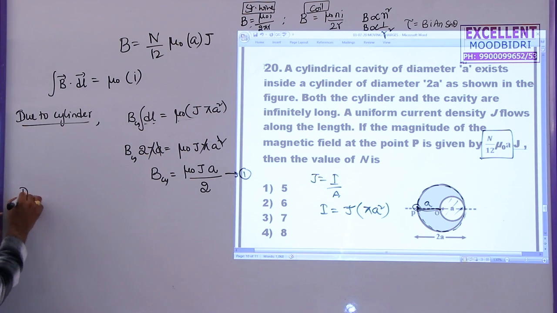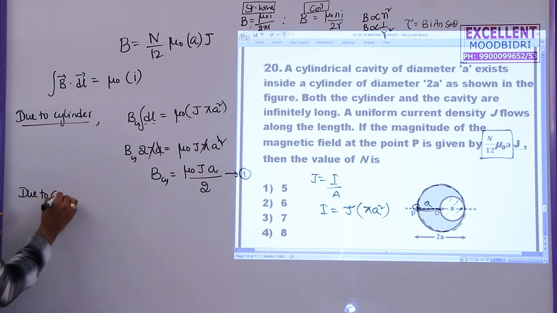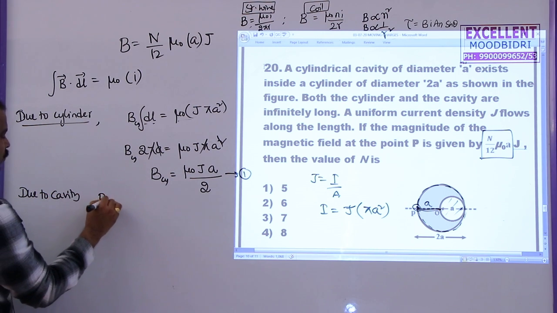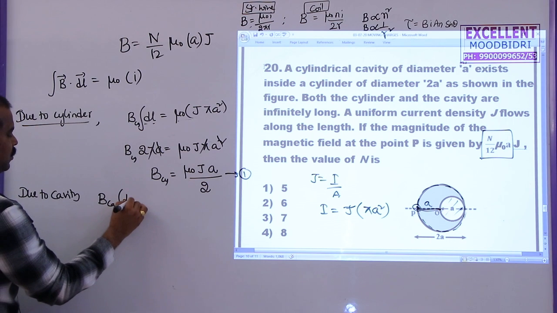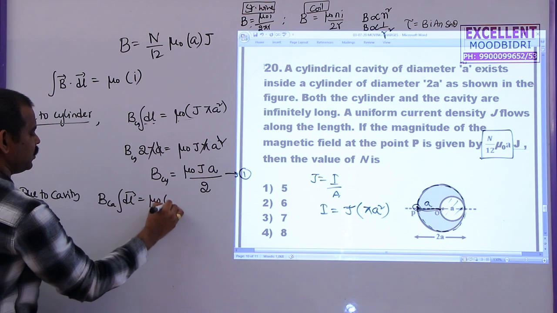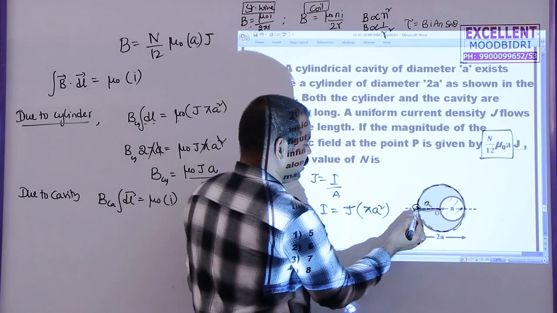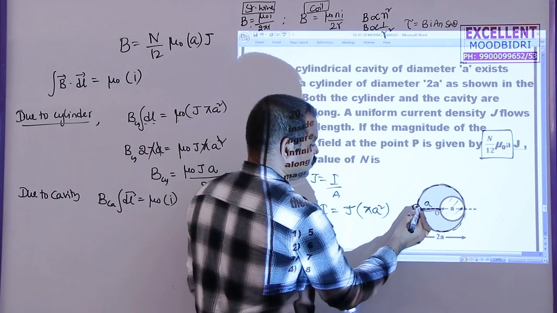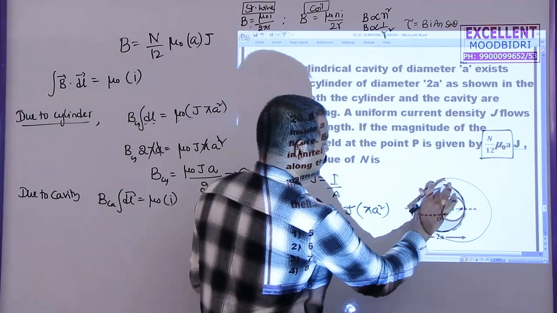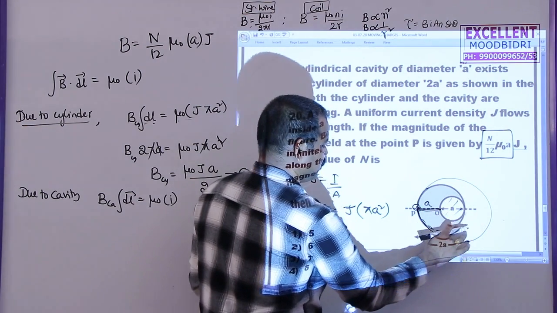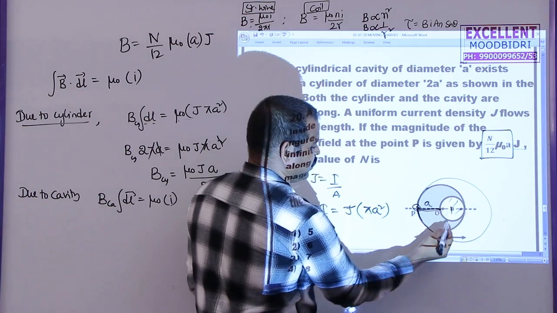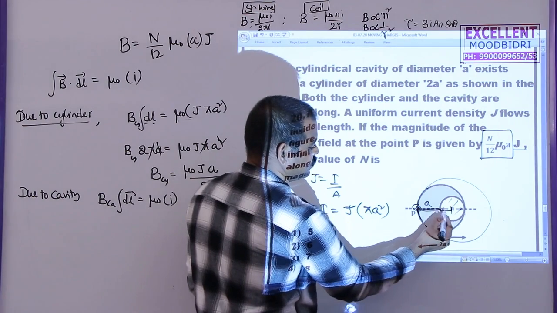Now due to the cavity, that is also in the form of a cylinder. So B due to cavity integral dl is equal to mu naught times the current through that cavity. So to find out the field at this point P due to this one, you have to construct one circular path here whose radius is from here to here a, this is a by 2.